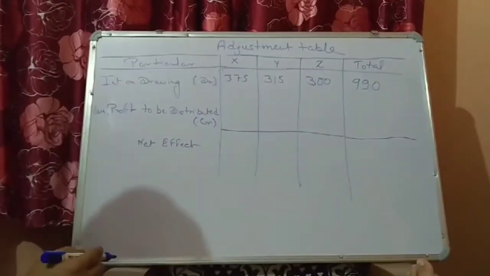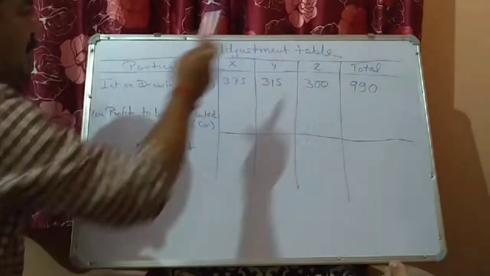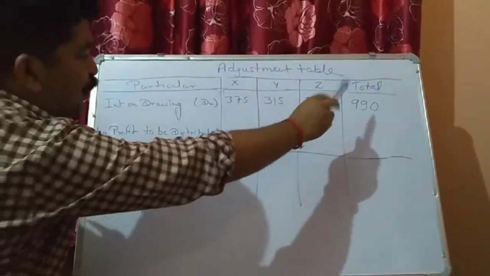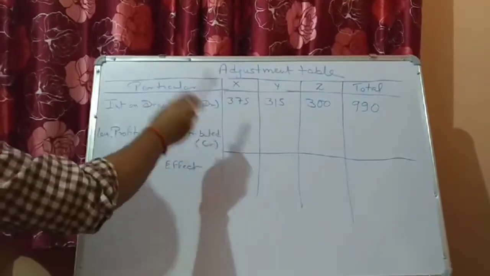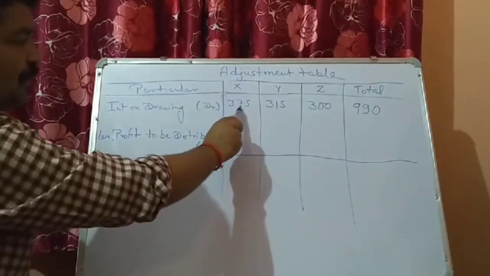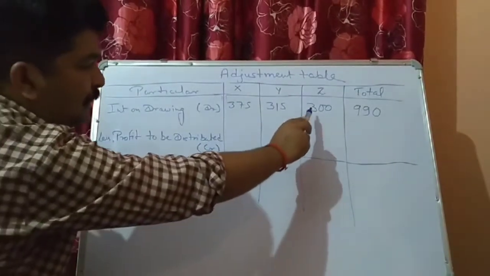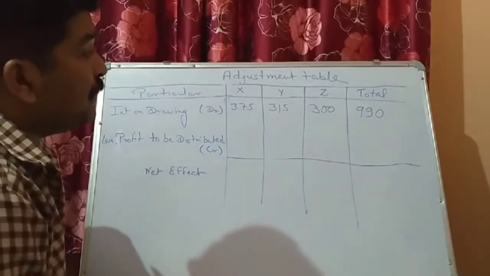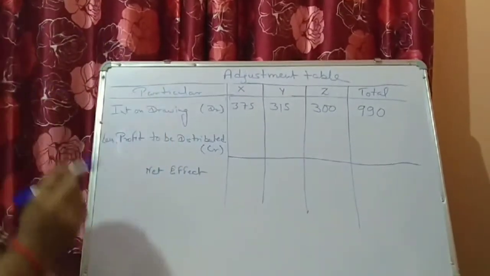Here we have prepared the adjustment table, with the particulars: partners X, Y and Z, and total. Interest on drawing, what we have calculated, is debited to the accounts of X 375, Y 315 and Z 300 respectively. The total amount affected is 990.